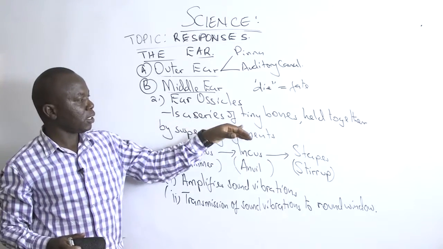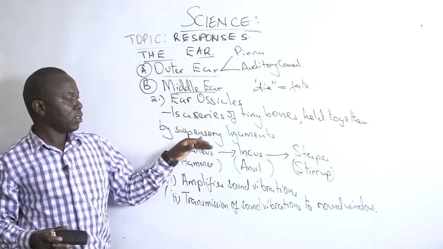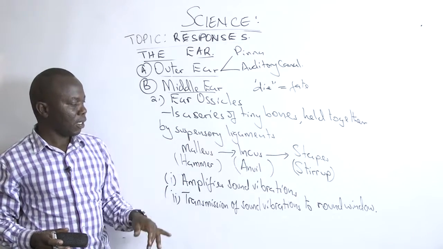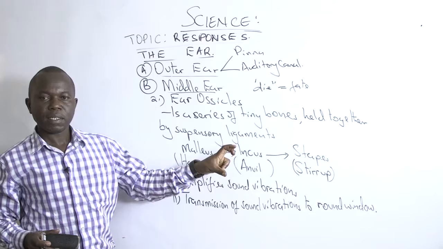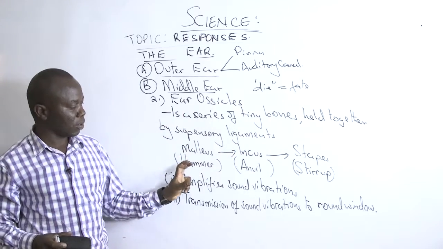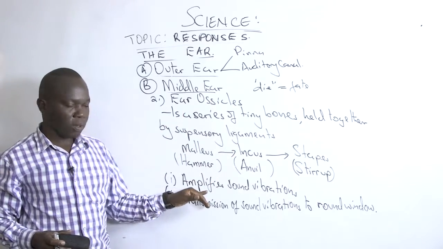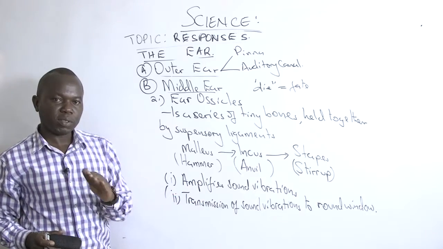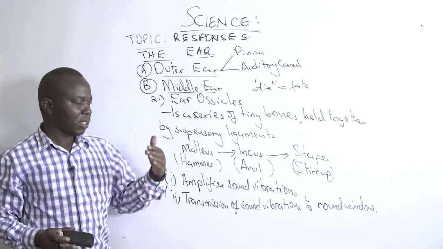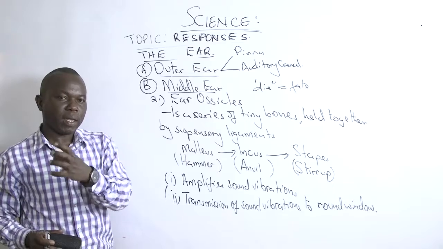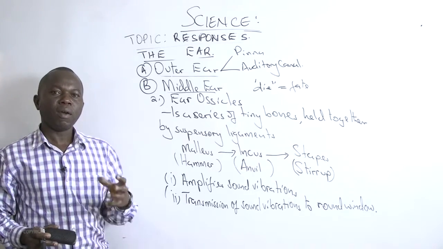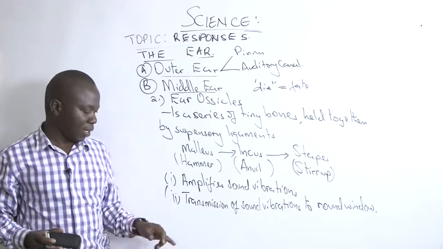Ear ossicles is a series of tiny bones held together by suspensory ligaments. And these are the ear ossicles that we are talking about. Their major role is amplification of sound vibration so that sound vibration does not fade while it gets into the inner ear where the liquid is very dense.